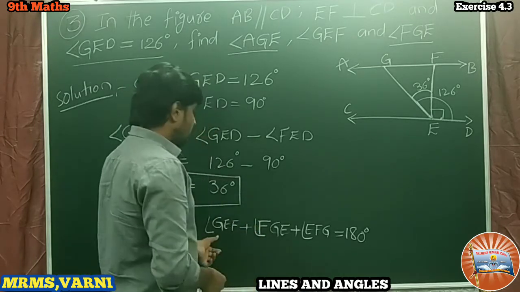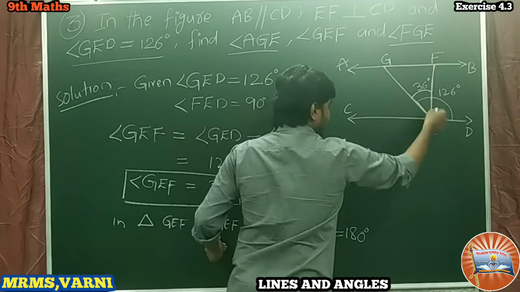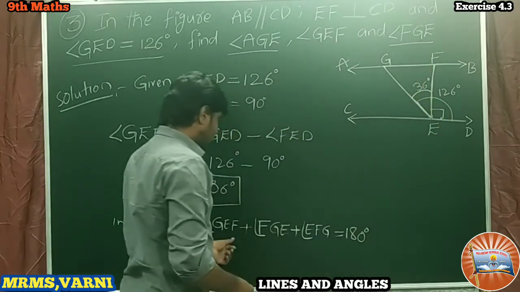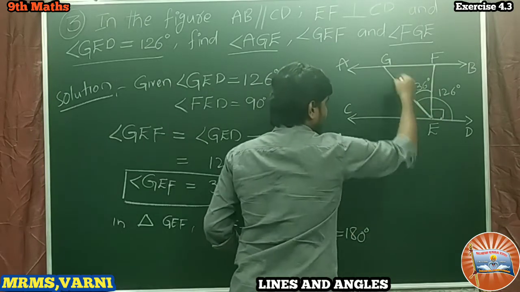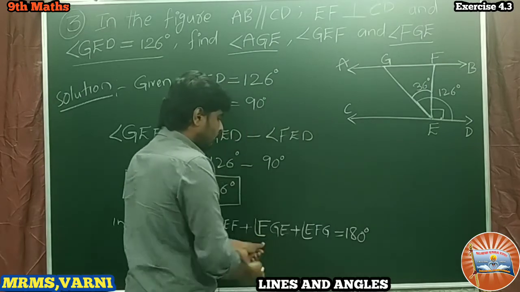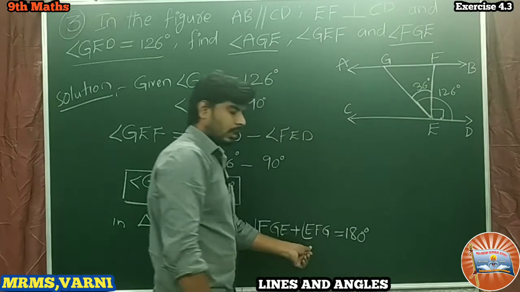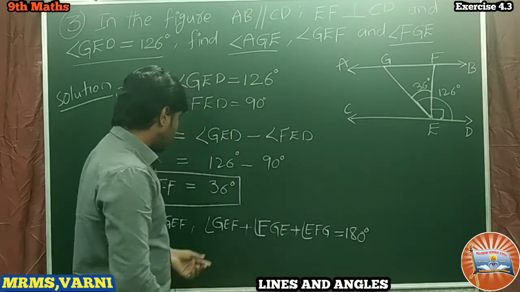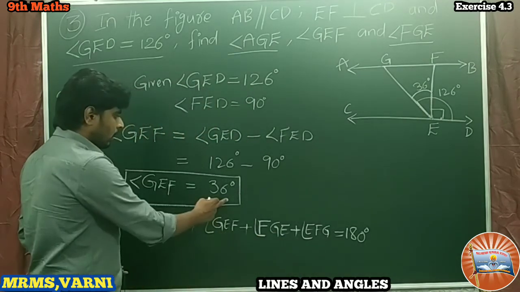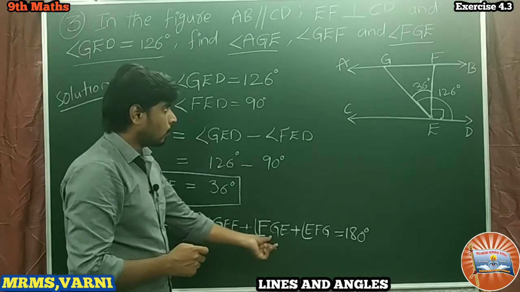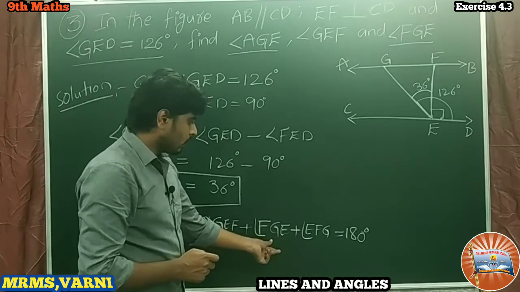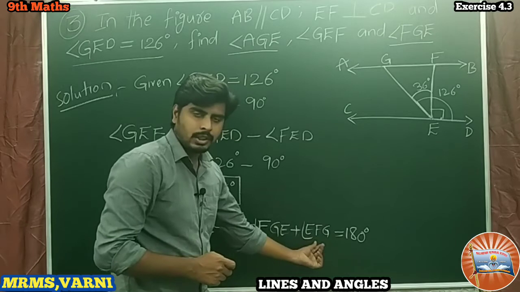Look here. GEF is one angle in this triangle, FGE is another angle, and EFG is one more angle. Already we have GEF, just now we got 36 degrees, and we have to find FGE and EFG. What about EFG?